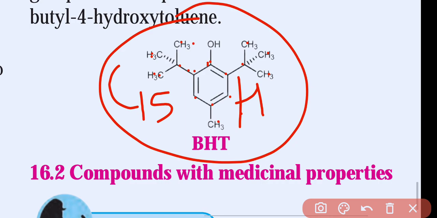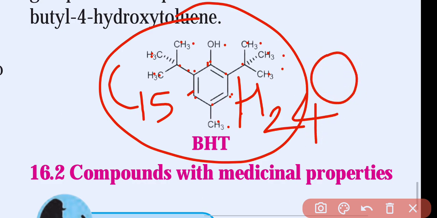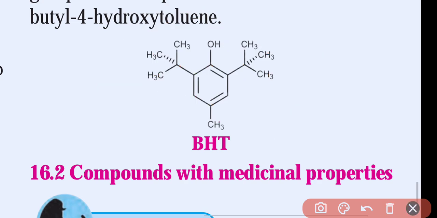Hydrogen found: 3, 3, 3, 3, 9, 10th, this 9, 19, 22, and this 2. So it is 24. Now count the oxygen. It contains only one oxygen. So this means the molecular formula of BHT is C15H24O.